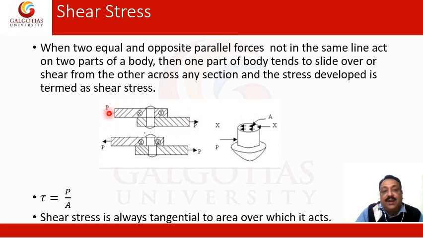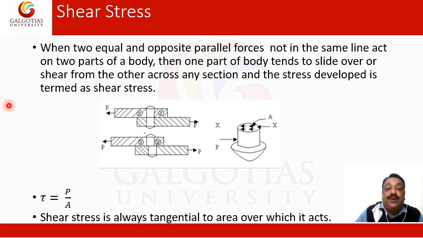But look at the line of action of the upper P and the lower P. They are not in the same line, and hence we are now talking of a situation in which two equal and opposite parallel forces, where the line of action is not matching, tend to tear a body apart.